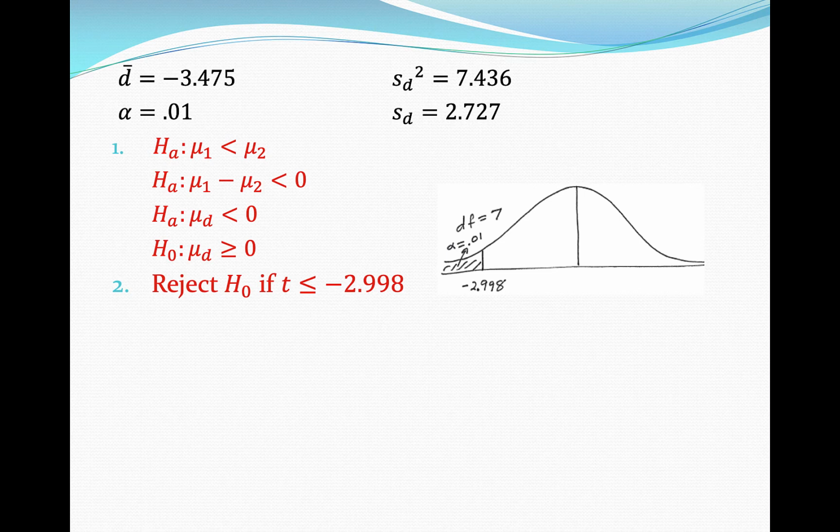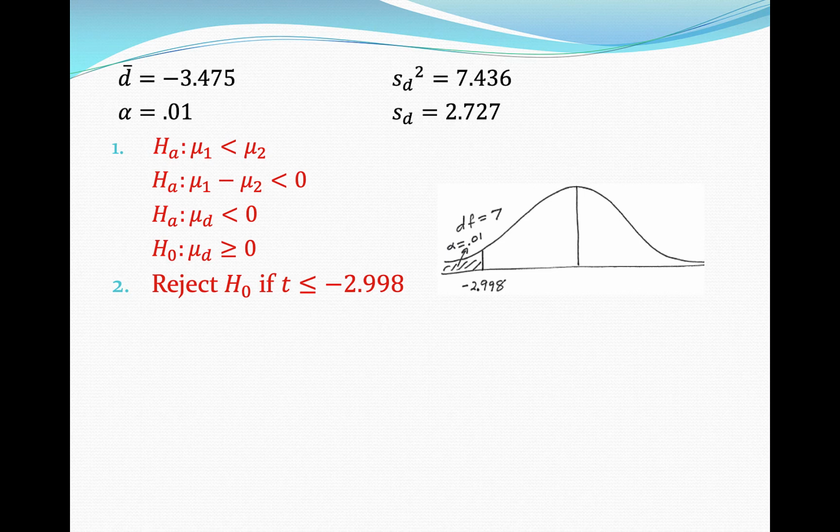You'll get 2.998 whenever you look up t of 0.01, 7 degrees of freedom. And since we're looking at less than, that means we're looking at the area to the left here. So our rejection region is anywhere where t is less than or equal to negative 2.998. So that is step 2.